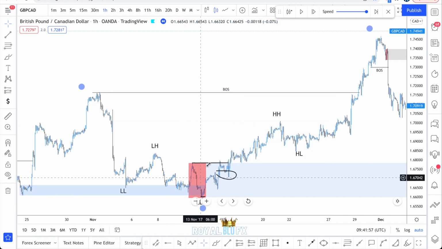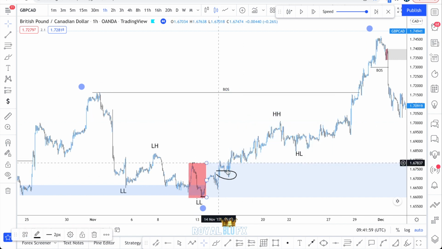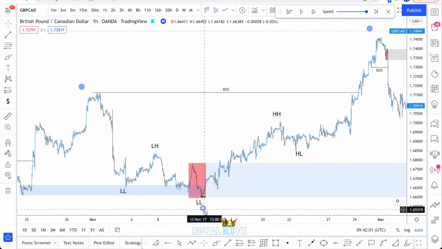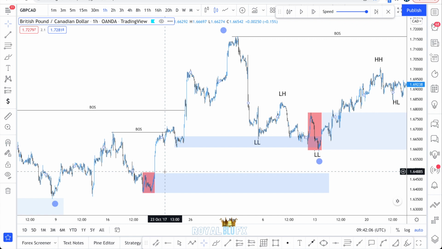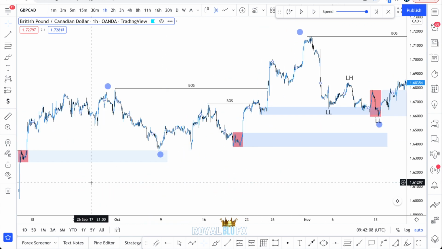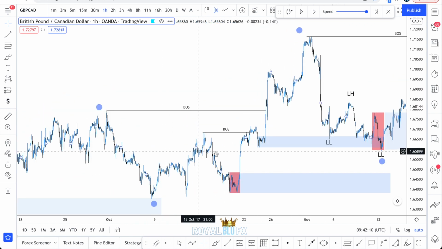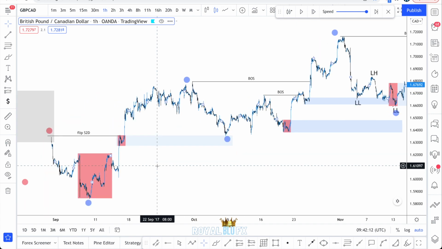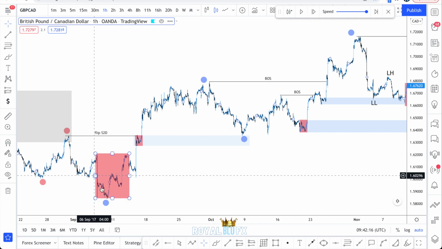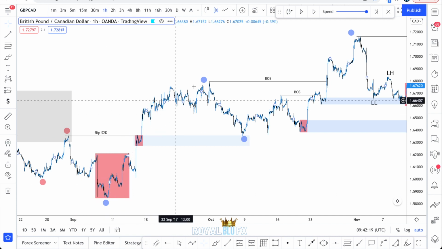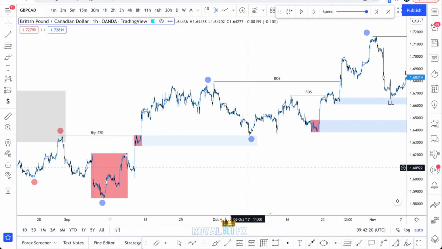Like that. Okay, so one more last example, right over here to the left of us. Let's go over here. You can see over here we had this area, not right here actually, right here. You can see that we had a high broken, right? There's a low, major high was broken, price needs to retrace.